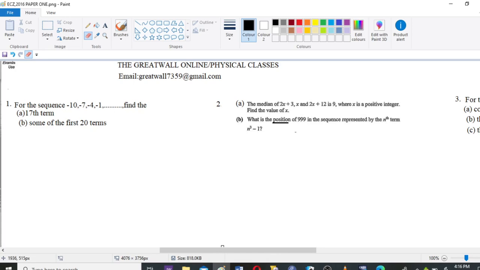So we are now in the last class on sequences and series. I want to look at some questions here. Make sure before you start solving these questions, you have gone through the pamphlet that I sent in the group.